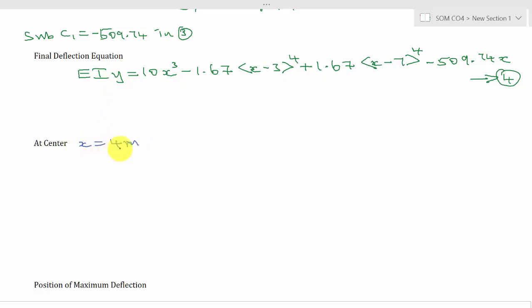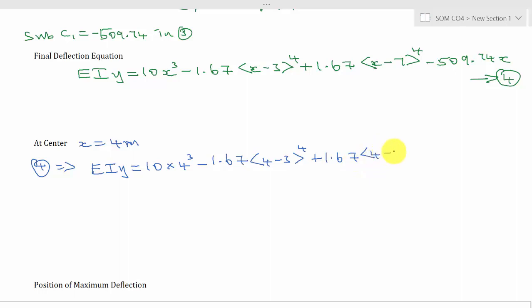So I am going to substitute x is equal to 4 in the fourth equation. So my fourth equation will become EIY is equal to 10 into 4 cube minus 1.67, 4 minus 3 the whole power 4 plus 1.67, 4 minus 7 the whole power 4 minus 509.74 into 4.